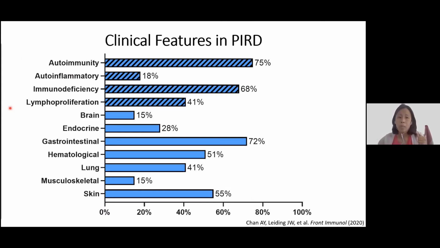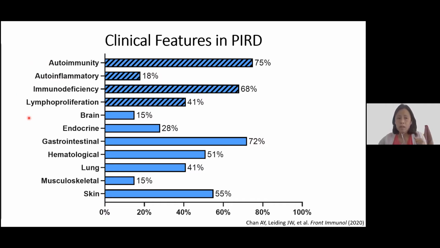At the top, we highlighted the 4 broad categories of clinical features: autoimmunity, autoinflammatory disorders, immune deficiency, or lymphoproliferation. What we found in these PIRD patients that these providers refer to is that roughly 75% have autoimmune features, and 68% have immune deficiency features. And so it's really not the classic primary immune deficiency, but really a mixture of both an overactive and sometimes an underactive immune system problem.